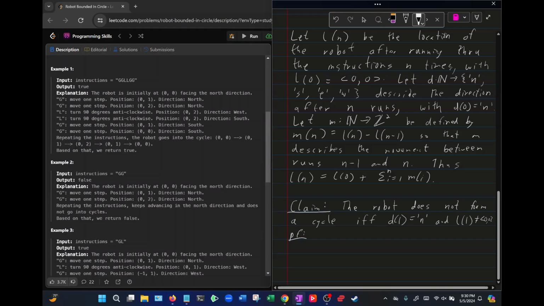We're going to go through cases here. We're going to go through all the possible scenarios for what D1 and L1 could be, and in each one determine whether we end up with a cycle.